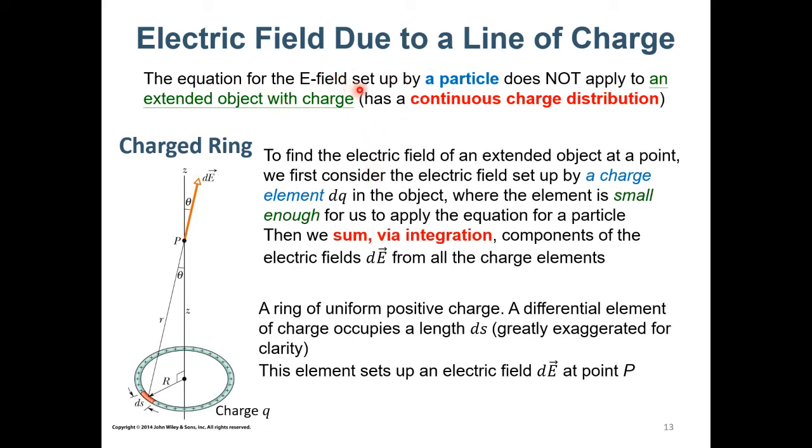Okay, so here, the equation for the E field set up by a particle does not apply to an extended object with charge. Which means that just now we know that the equation E equals k times q over r squared is suitable for a point charge. If you have multiple point charges, you can still use it and add them together. But now this is not a point charge anymore.